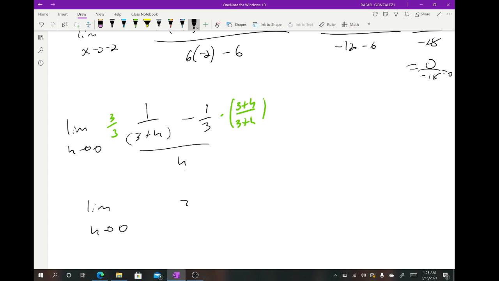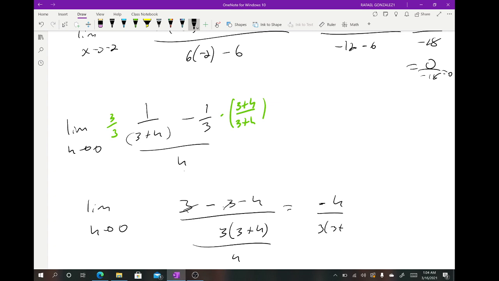So what I'll have is 3 minus h on the top divided by 3 times 3 plus h in the bottom. Now 3 minus 3 is going to cancel, and this is all divided by h, so I have minus h over 3 times 3 plus h, over h.